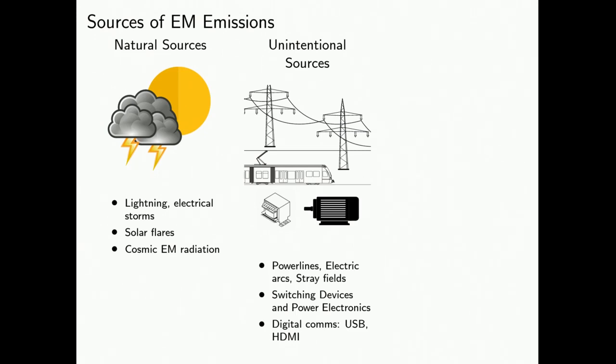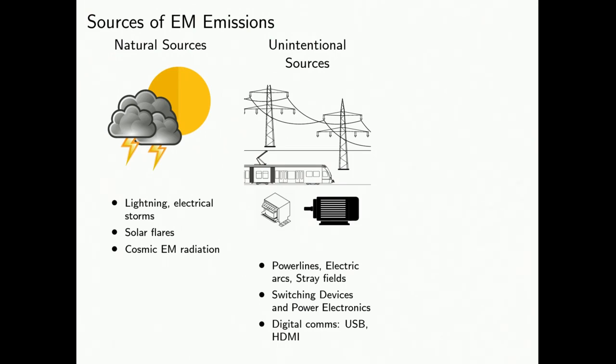Power lines carry a huge amount of power at high voltage and high current, and as a result, they set up an electromagnetic field around the conductors. Now, most power line transmission of electricity is at low frequencies, 50 or 60 hertz. But because the size of the transmission line is so large, that can affect the emission of electromagnetic energy, and we'll see this in detail a little later.